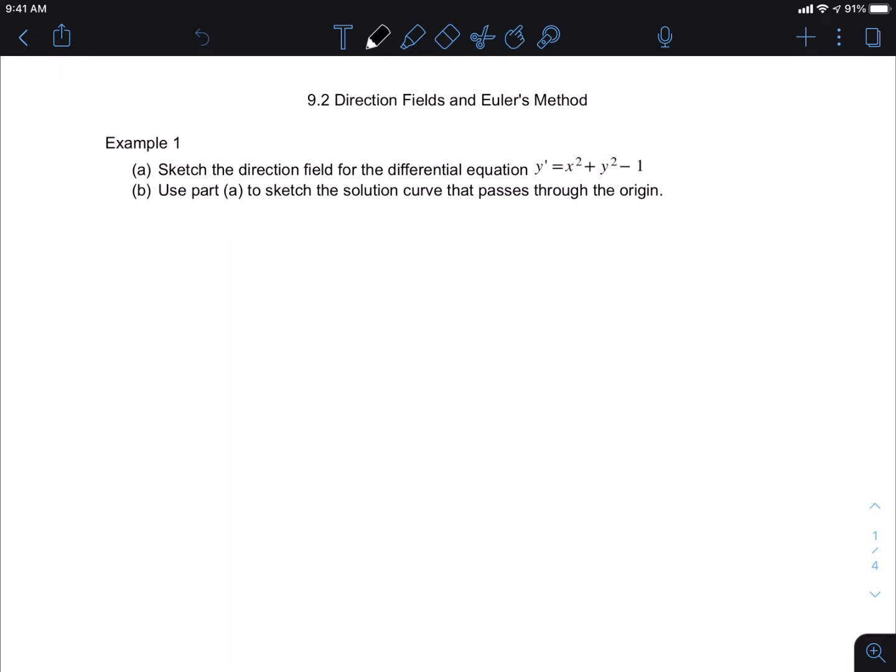So slope fields, or direction fields, however you want to talk about them, is basically, I don't know what the function is. Can you guys see that? So in this example that I'm going to do, I know what the original function is? No. The answer is no. And I also don't know any initial condition to give me a specific answer. So that means, what are derivatives?